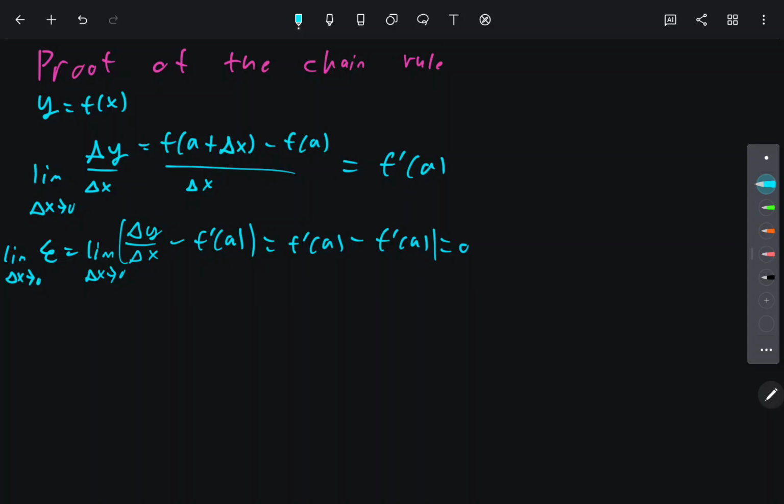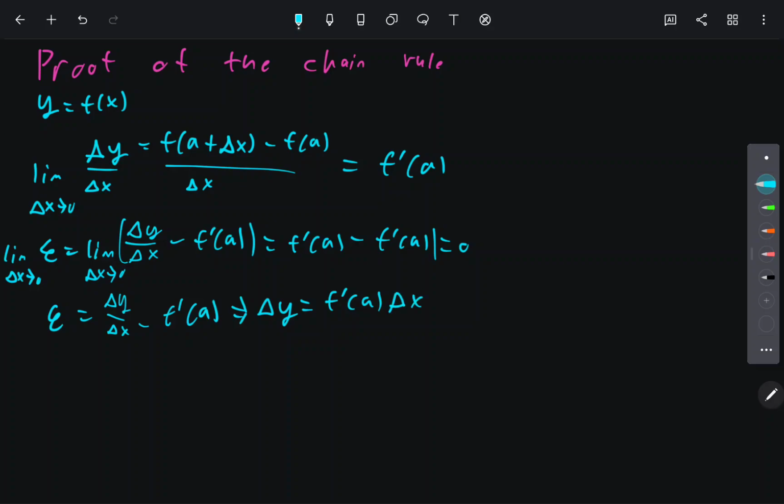Okay. However, using this, we are going to say that epsilon is equal to our change in y over our change in x minus f prime of a, which after multiplying through by change in x, we are going to get change in y is equal to f prime of a times the change in x plus epsilon change in x.